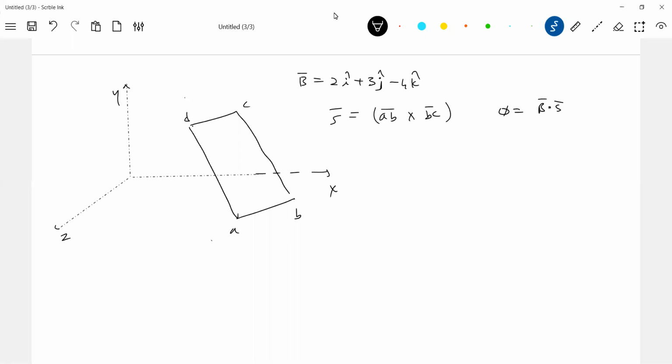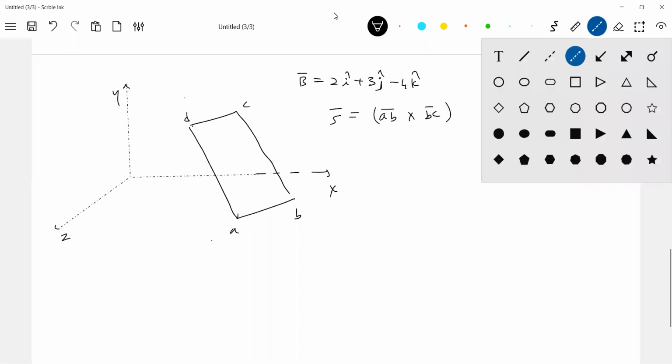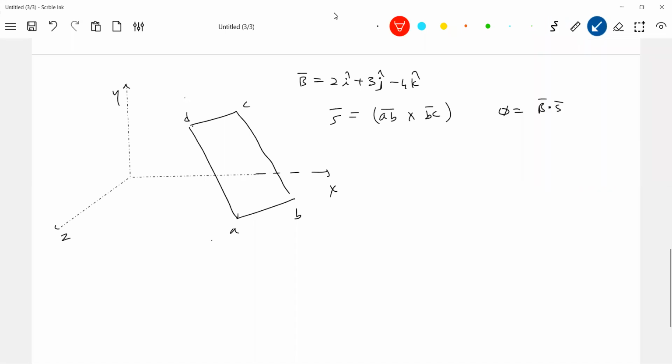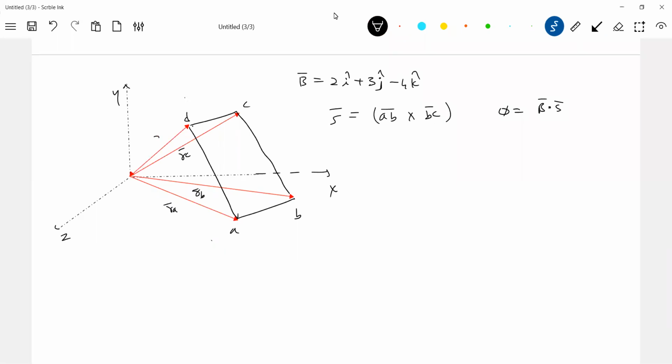So don't take the risk of finding the area directly, since we know the coordinates. So what are the position vectors? We know the position vectors RA bar, RB bar, RC bar, and RD bar. From the position vectors, you can calculate AB bar.